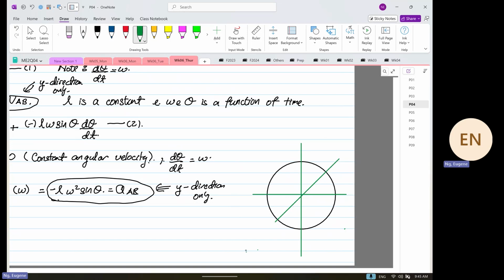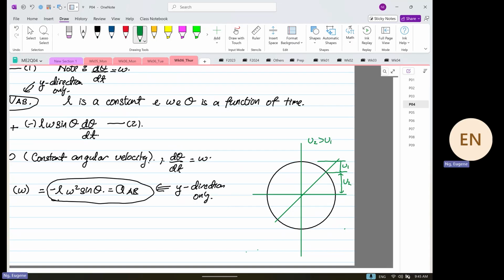You can see the distance between here and here. So I call this U1, and the distance from here and here is our what? U2. And we know that U2 is greater than what? U1.